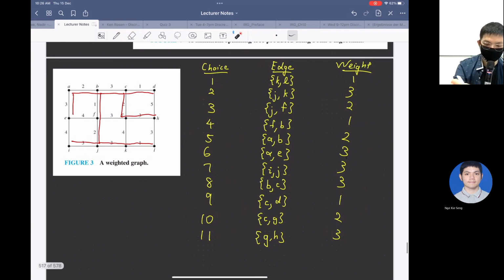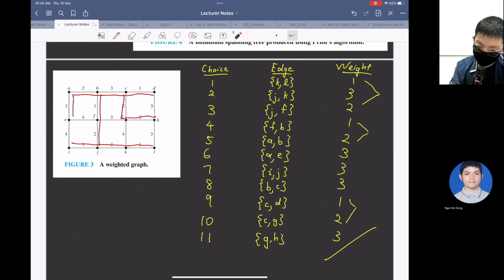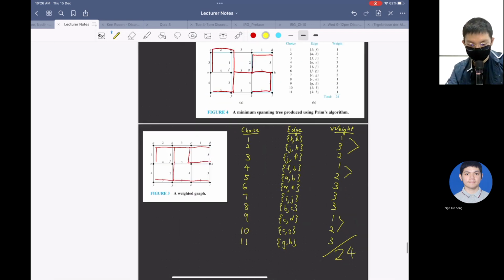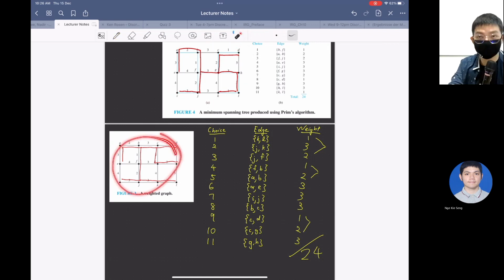Okay, let's compute how many weight here. 24. 1, 2, 3, 4, 5, 6, 7, 8, 24. Okay. So these are two different spanning trees, but the same weight.